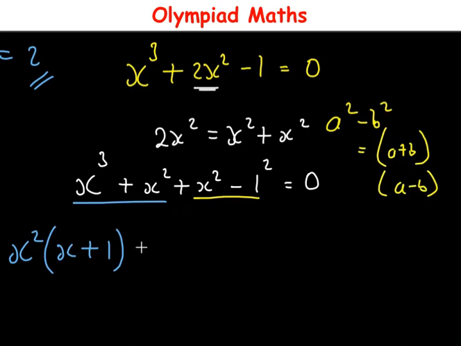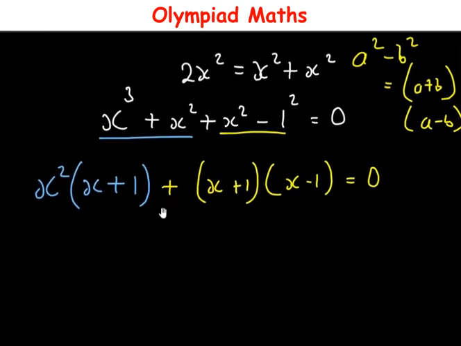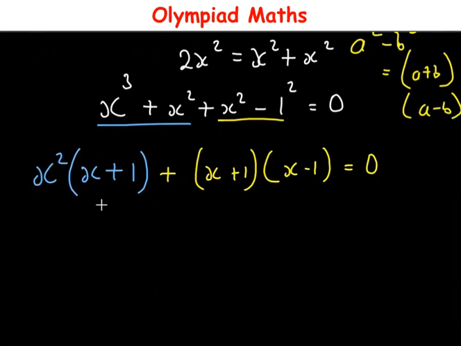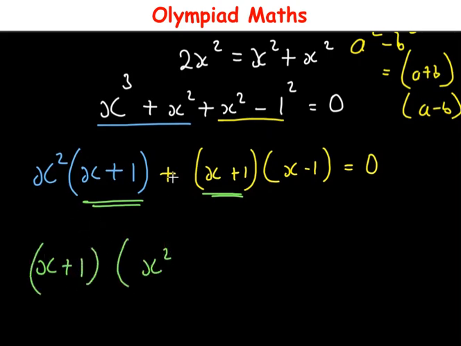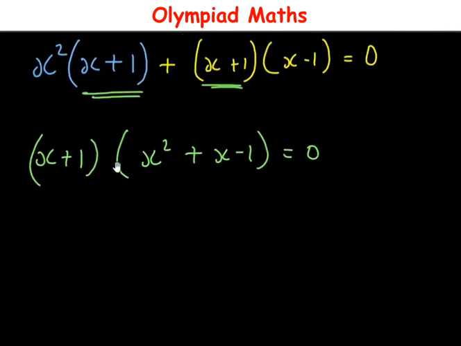So this then becomes plus (x plus 1) multiplied by (x minus 1), and this equals 0. At this junction, we have a common factor x plus 1. Factorize out x plus 1. We are left with x squared plus x minus 1, and this equals 0. With this, we are then going to equate this to 0 or equate this to 0.